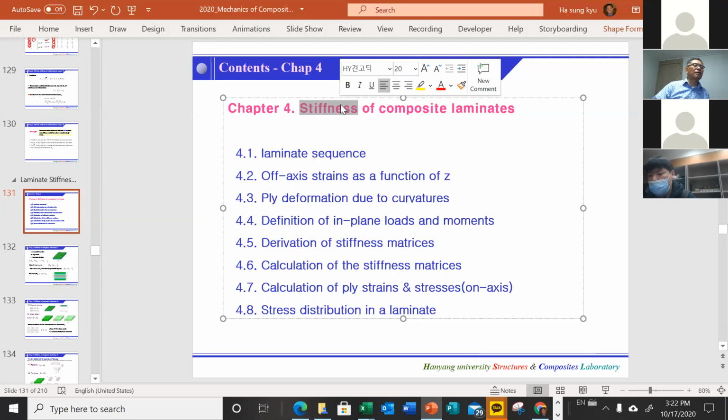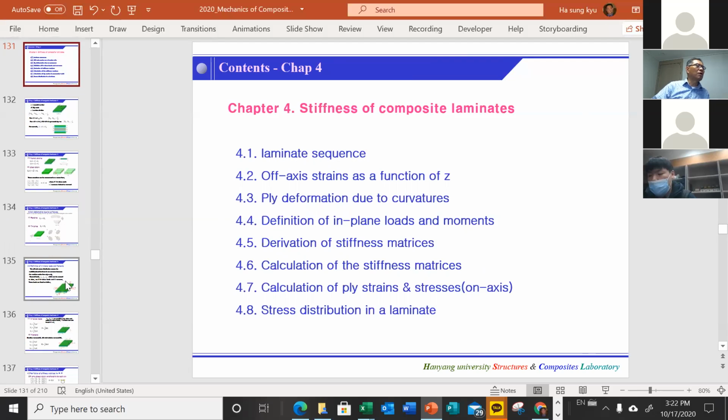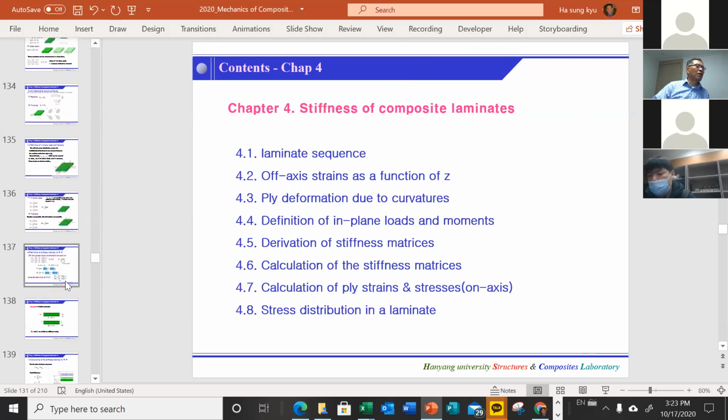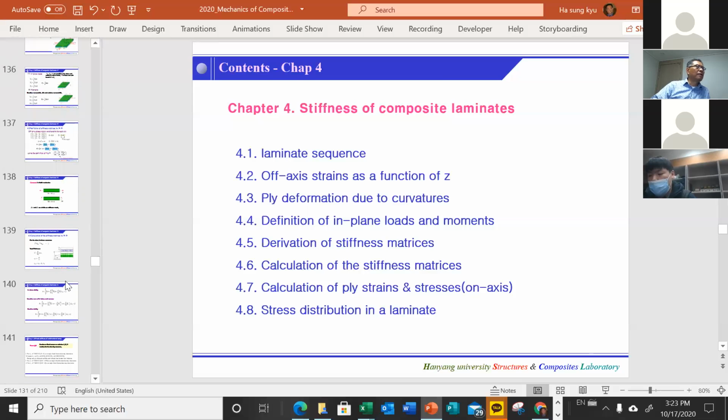So that plate or laminate will have a stiffness. So laminate sequence and off-axis and so on. And this is the core theory we call laminate theory, classical laminate theory.